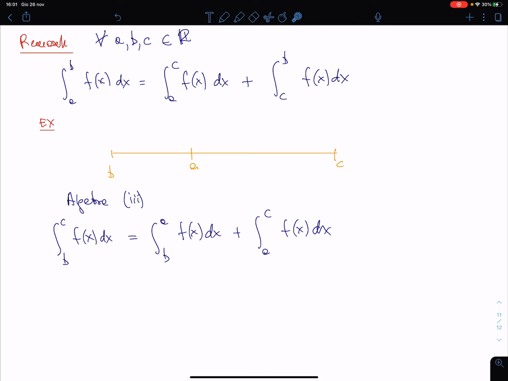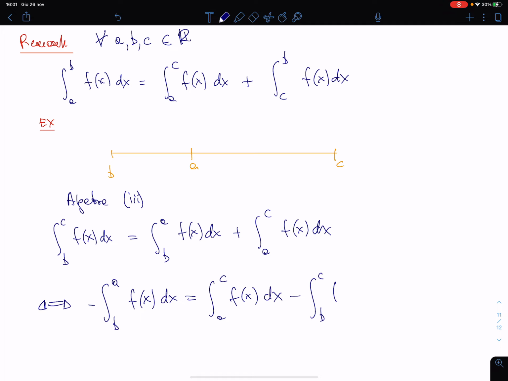So we move this on the other side. So this is equivalent to say minus the integral from b to a of f of x dx is equal to the integral from a to c of f of x dx minus the integral from b to c of f of x dx.